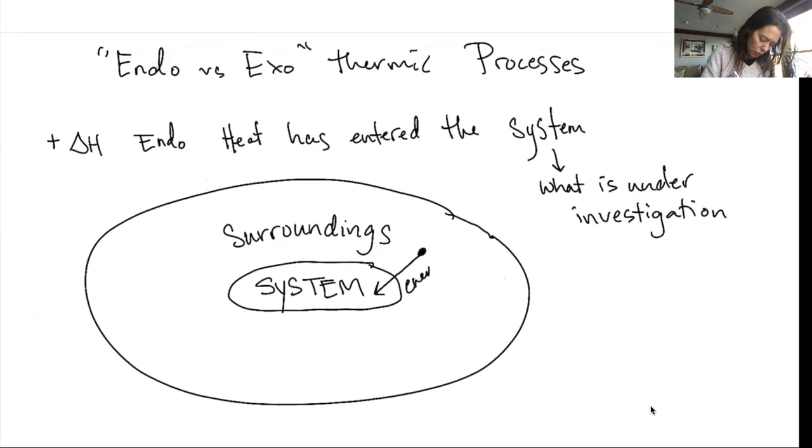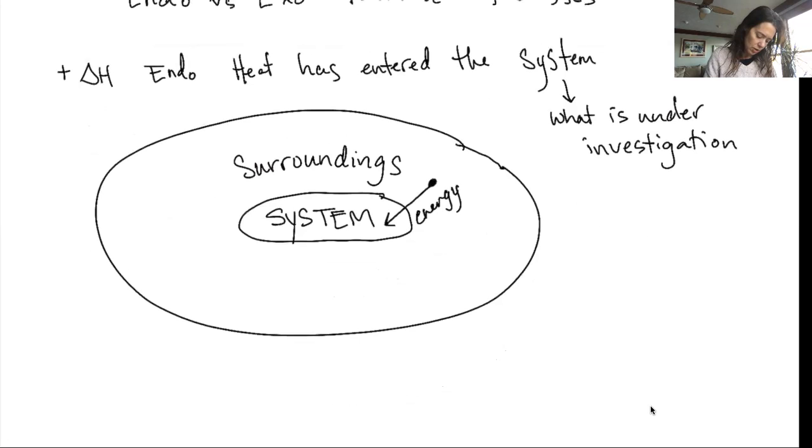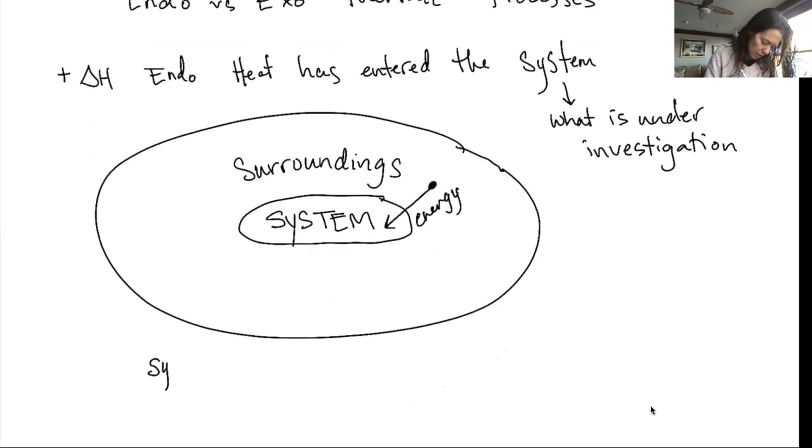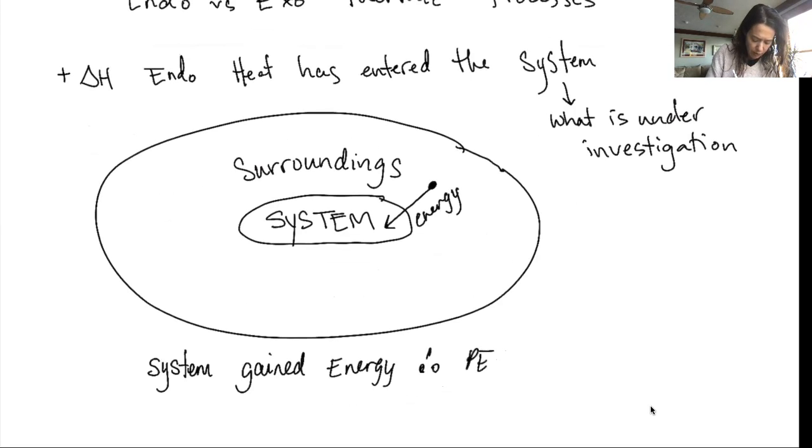Energy has. And we will experience that energy in the form of heat by way of temperature changes, such that the system, we already said, has gained energy. Therefore, the potential energy of the products is greater than reactants.